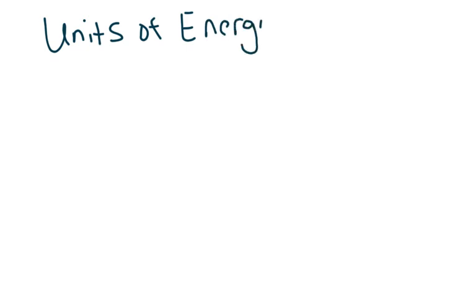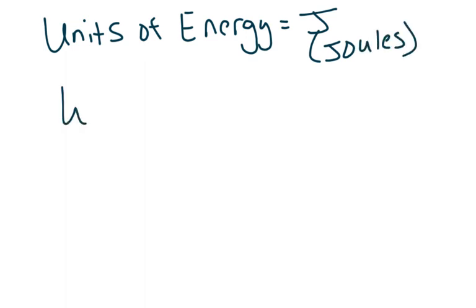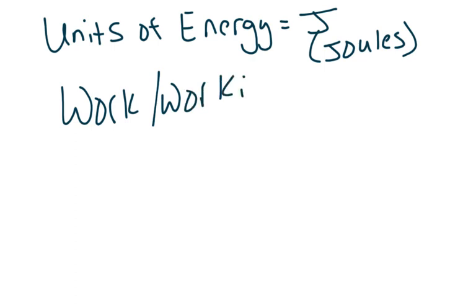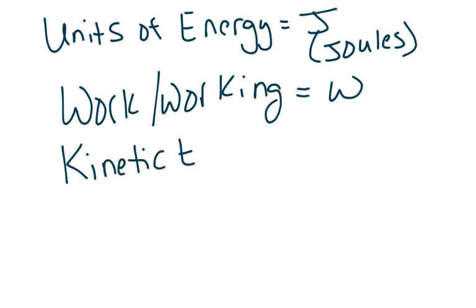Okay, so let's summarize a little bit what we talked about. We talked about the units for energy, and we said that those were a joule. We talked about work, and the variable we're going to use for that is a W. We talked about kinetic energy, and the variable for kinetic energy we're going to use is KE.